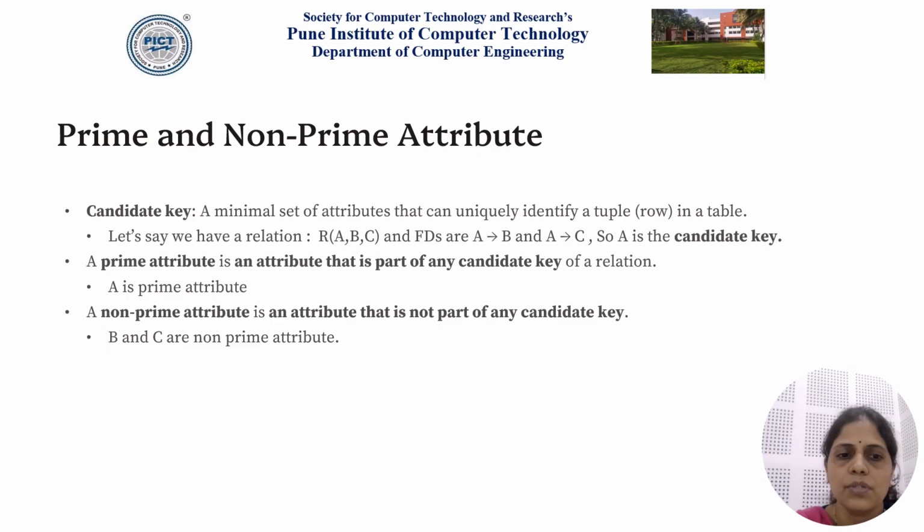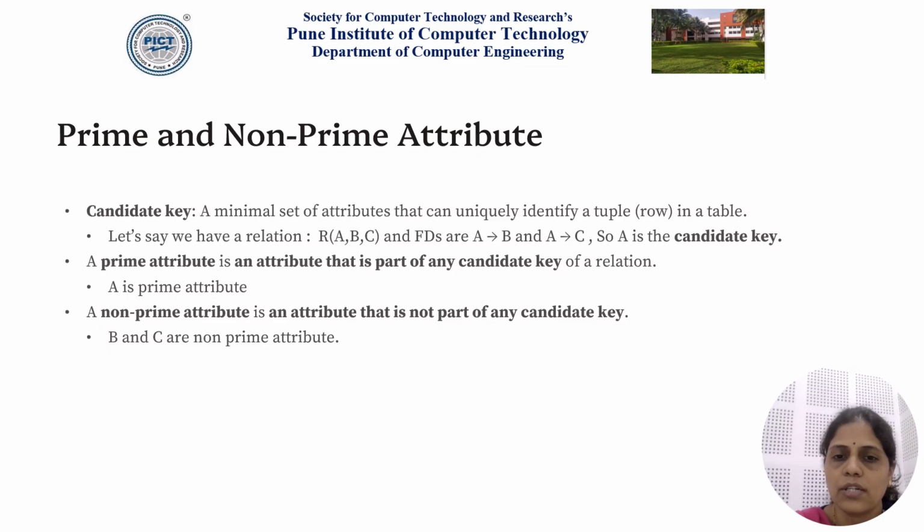Hence A is a prime attribute. A prime attribute is an attribute that is a part of a candidate key of a relation. So A is a prime attribute here. It may be the case that a candidate key is a combination of more than one attribute, like AB, AC, ABC.